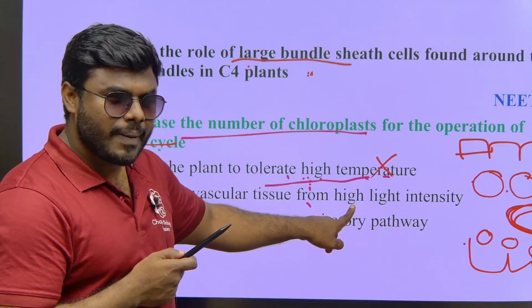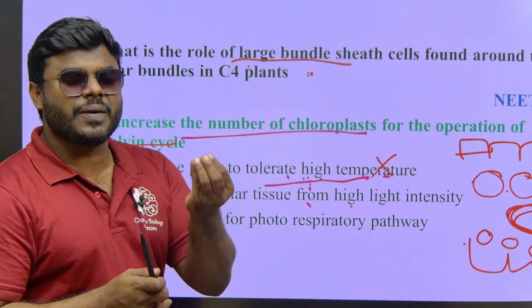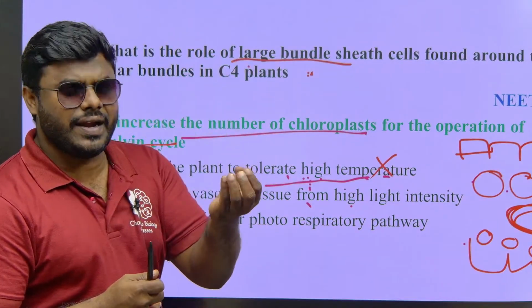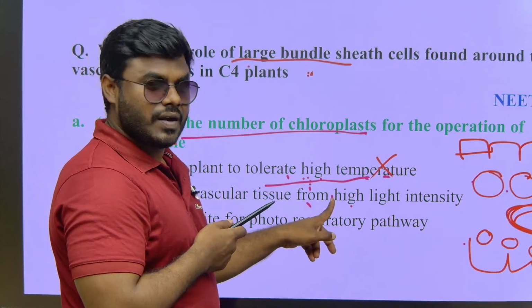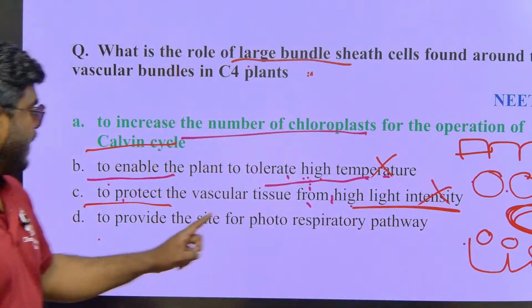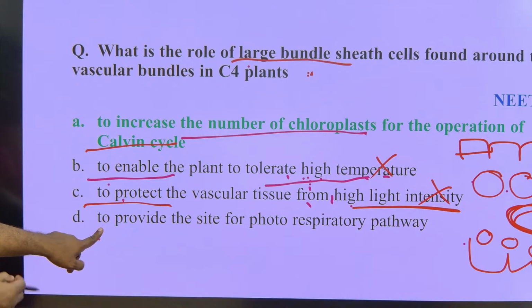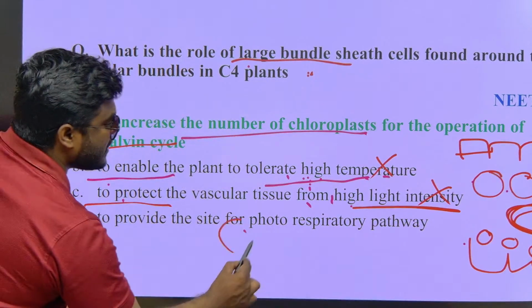Which pigments? Carotenoids. We read, right? Carotenoids are responsible for protecting the plant from high intensity sunlight, such as photooxidative damage. What is the role of the bundle sheath here? Correct? Slowly we have to connect, okay. Presence of mind is very important. To provide this site for... that is wrong, right? Yes. Which means what? Bundle sheaths are allowing the C2 cycle to occur.